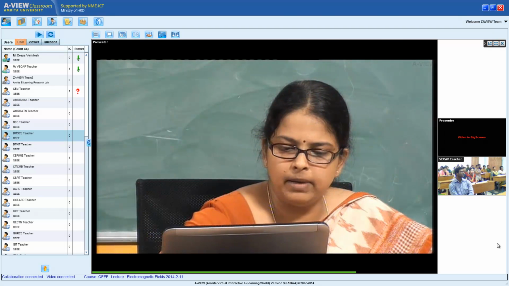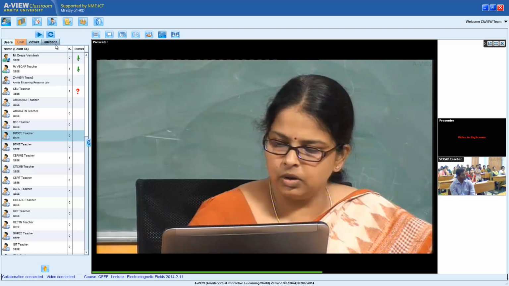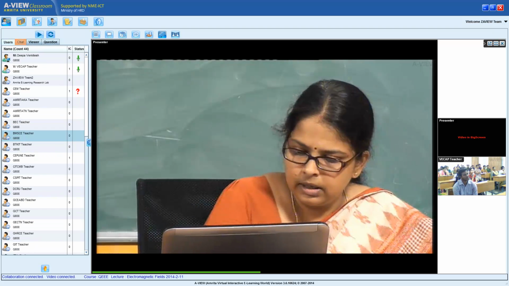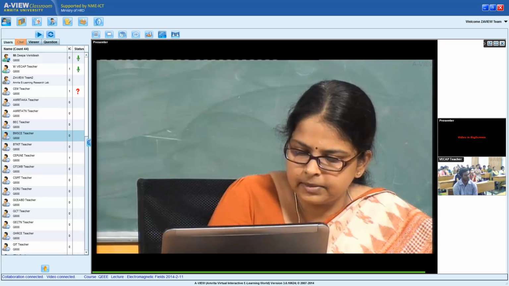The question: whether G is 1 by R, and if so, in a lossless line how can both R and G be 0? G is 1 over R of the capacitance.